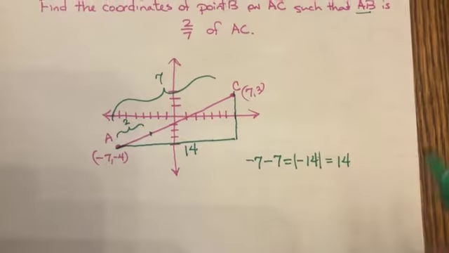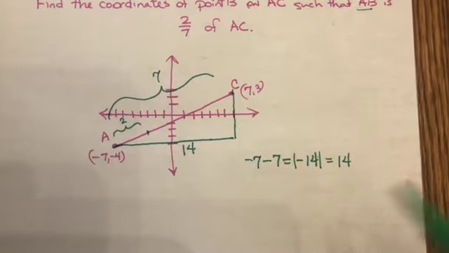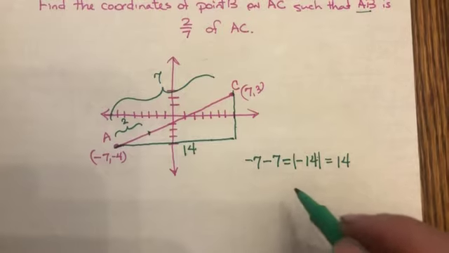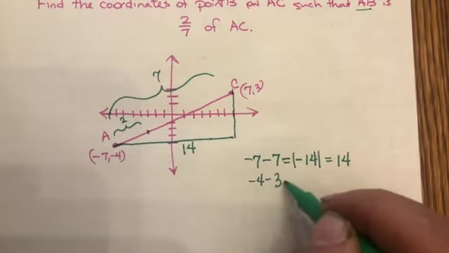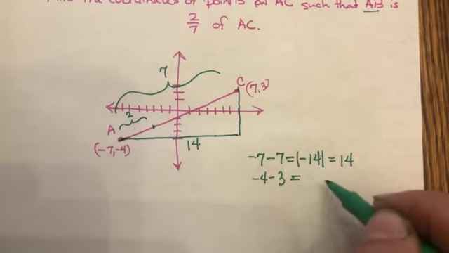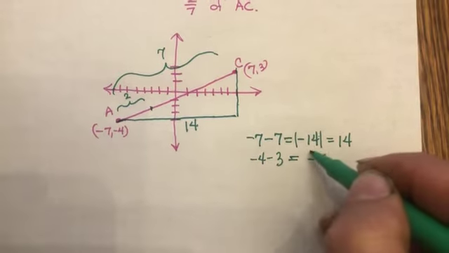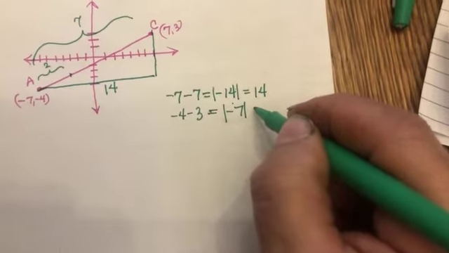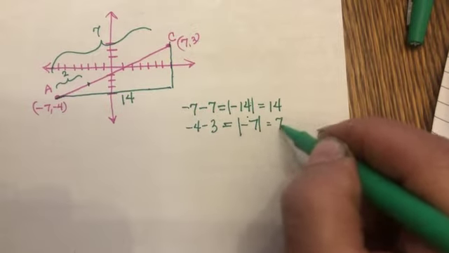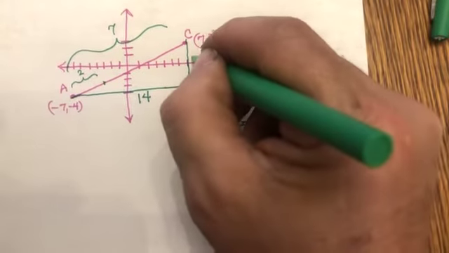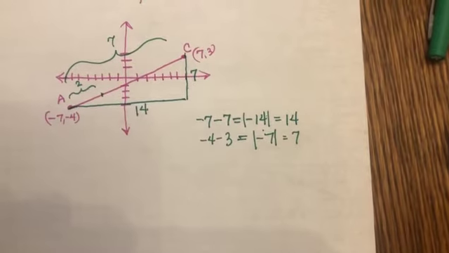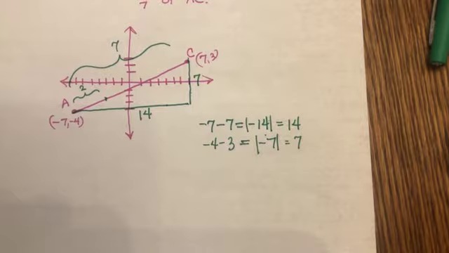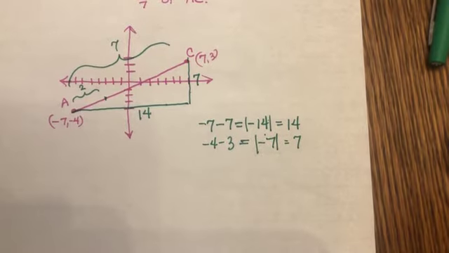My vertical distance is -4 minus 3, which is -7. So my vertical distance is 7. It wants the ratio to be 2/7 of that.